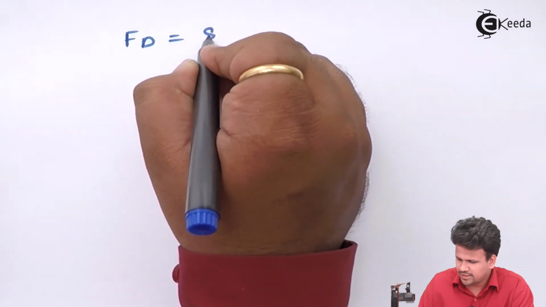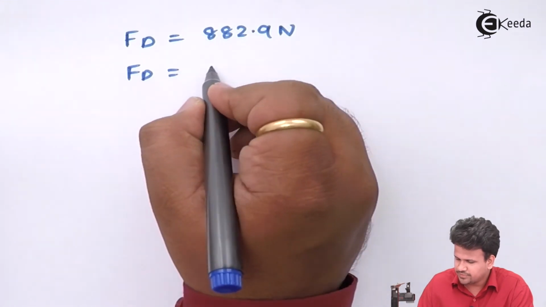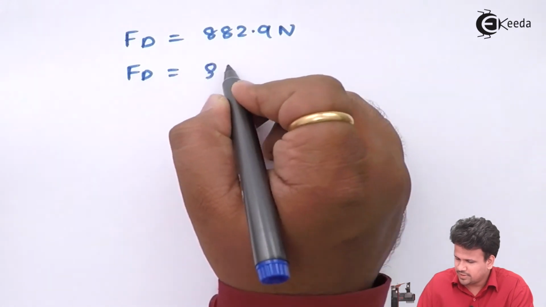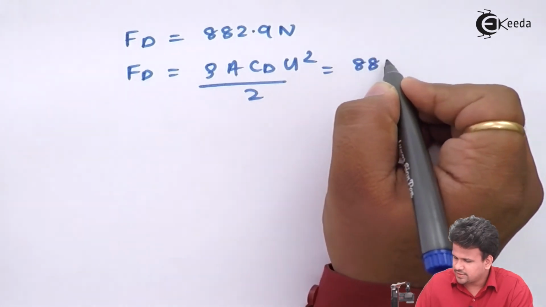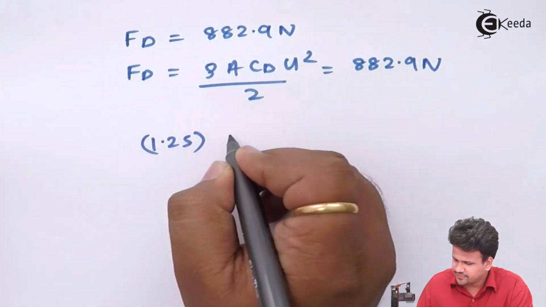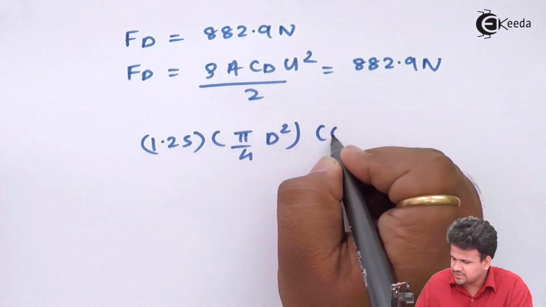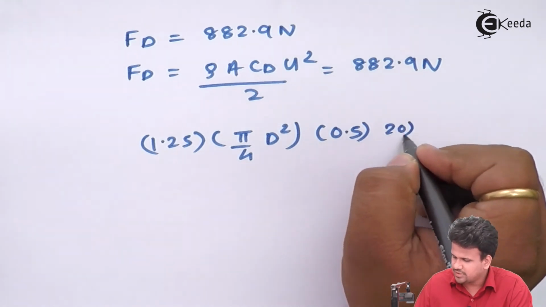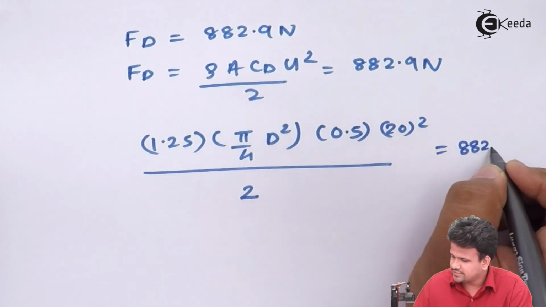So Fd is equal to 882.9 Newton, that is, rho A C_D U square by 2 is equal to 882.9 Newton. If we substitute, rho is 1.25, area is pi by 4 d square, C_D is 0.5, and U is given as 20 meters per second, divided by 2, equal to 882.9 Newton.